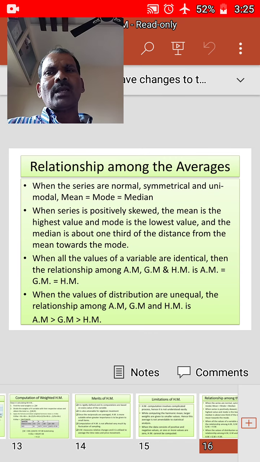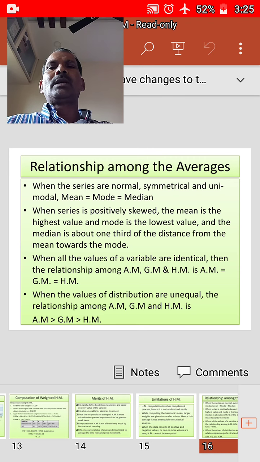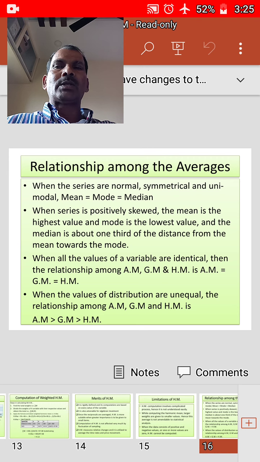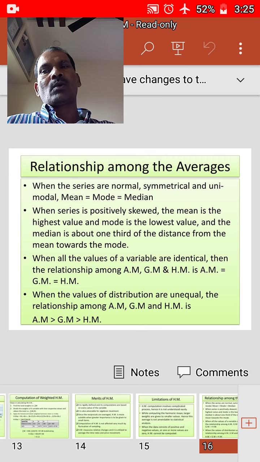Third, when the distribution is negatively skewed, the mean is the lowest and the mode is the largest, and the median is about one third of the distance from the mean towards the mode. And fourth is, when all the values of a variable are identical, then the relationship among the arithmetic mean, geometric mean and harmonic mean is arithmetic mean is equal to geometric mean, geometric mean is equal to harmonic mean.